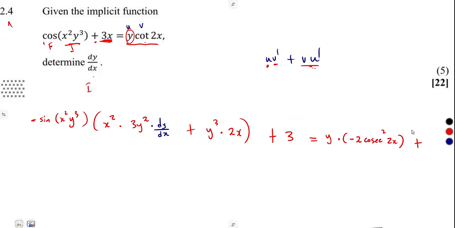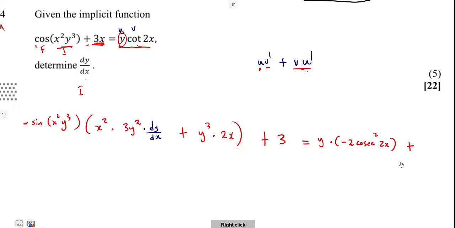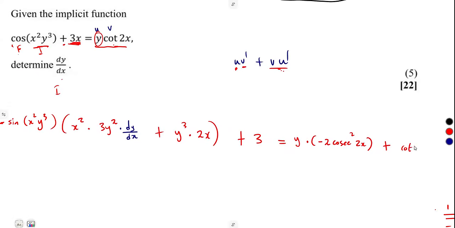Plus v, cot 2x as it is, so we take the cot 2x times the derivative of u, y there. y is going to give us 1 as its derivative. With respect to x, you multiply by dy/dx. So that was times 1 dy/dx.